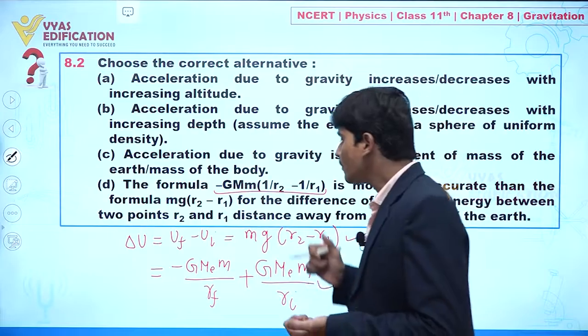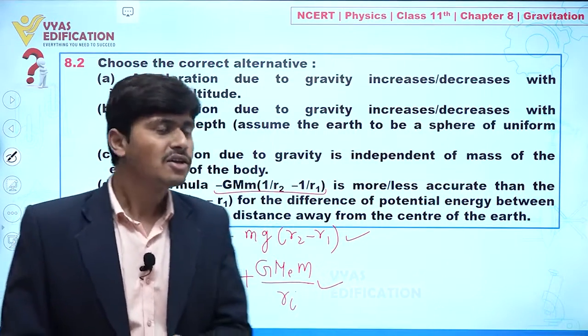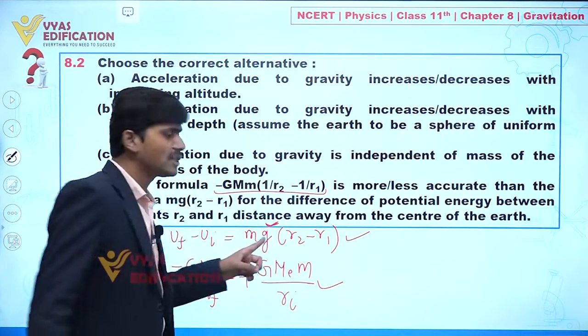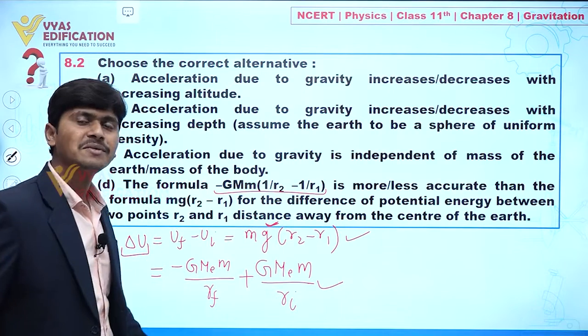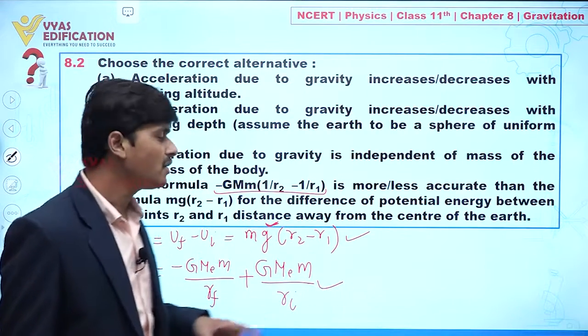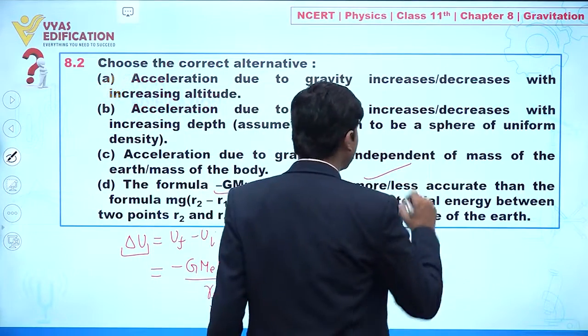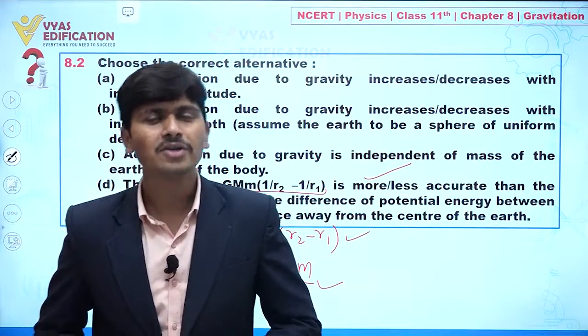At that time there is a variation in acceleration due to gravity. So at different locations we will find variation in the value of g, and definitely a change in potential energy. So this formula is more accurate compared to the other formula. Clear to everyone? So this is all about this question.